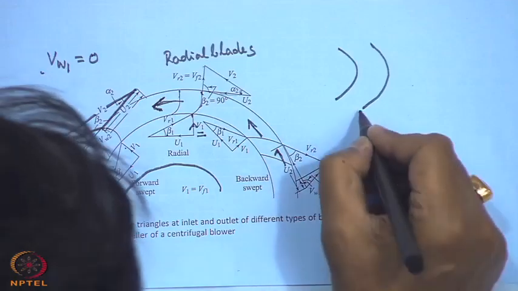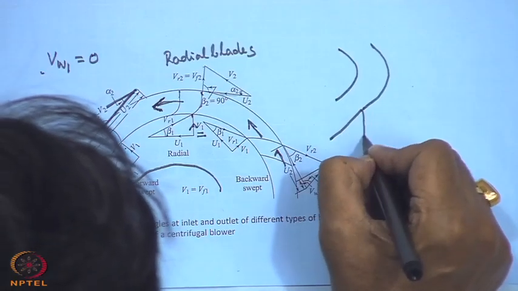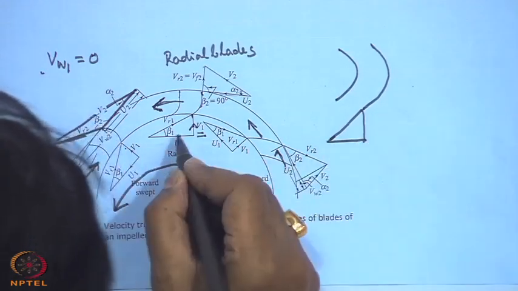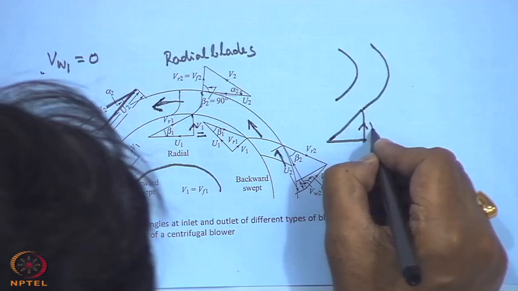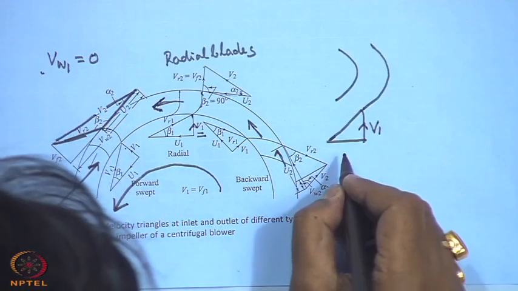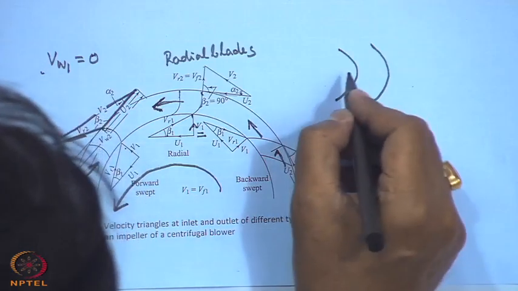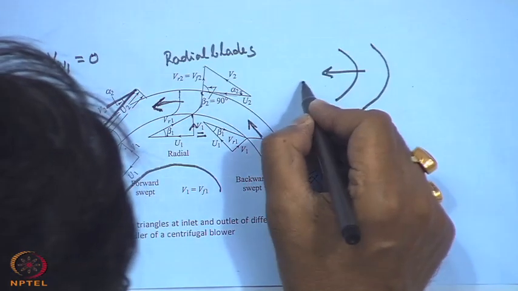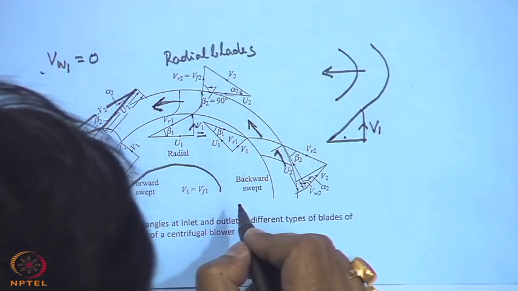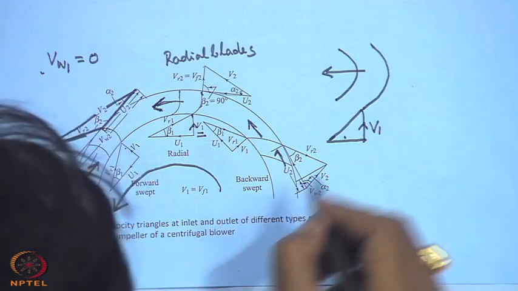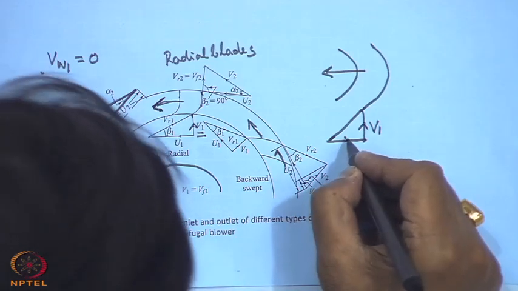This is the inlet diagram, it is already the same as that, which means there is no tangential component, it is axial. And now here, forward swept, this is the u, the direction of u is this. So, therefore, the direction of u is this.